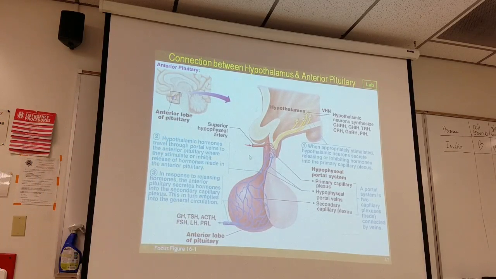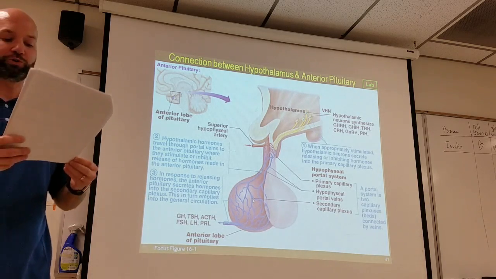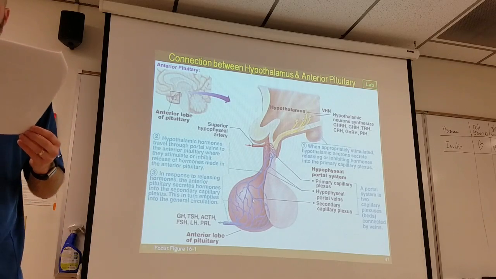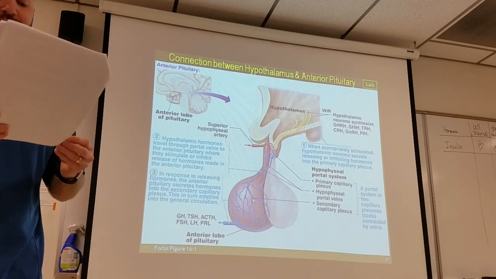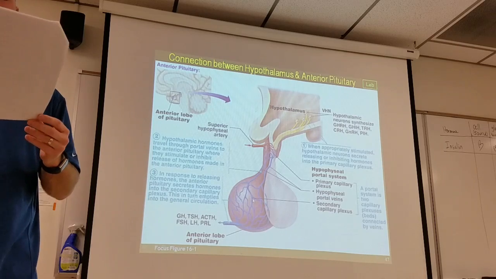Capillaries, through veins, to another set of capillaries. The first set is the primary capillary plexus, and the second set is the secondary capillary plexus. So you could say the releasing and inhibiting hormones enter the primary and then exit the secondary to reach the target cells. This group of releasing and inhibiting hormones, which are all amino acid derivatives, can also be called regulatory hormones.